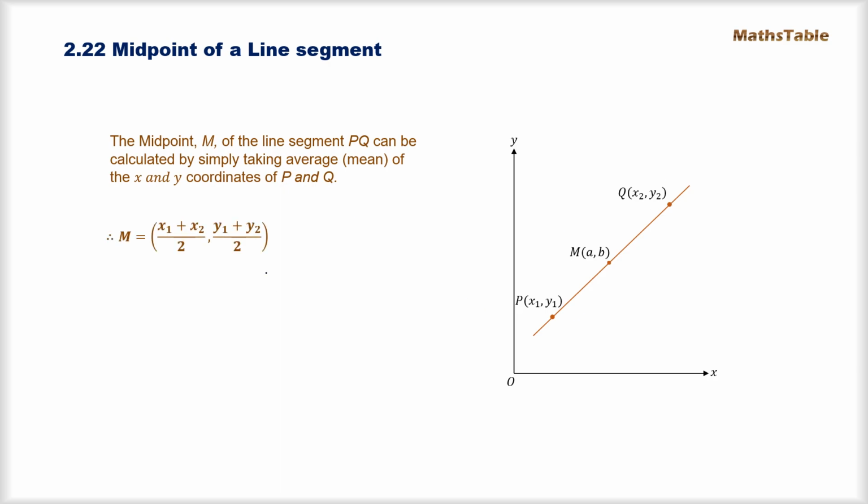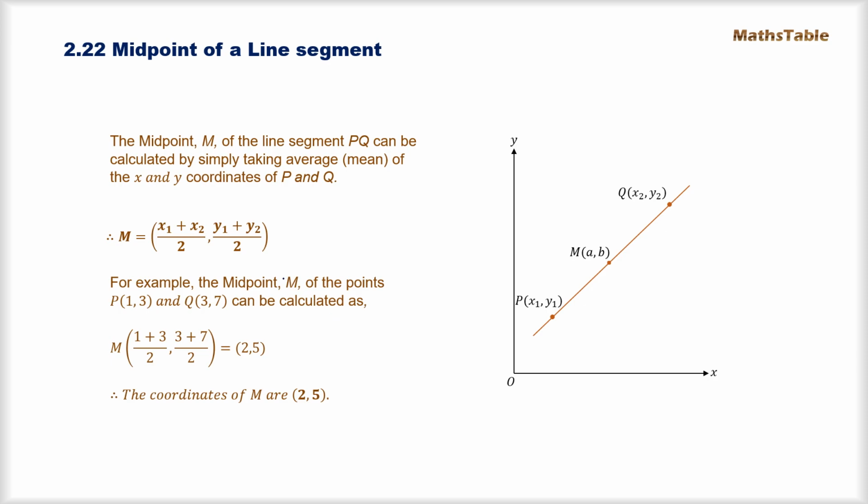So in this way, we can derive a simple formula for the midpoint between points P and Q by taking the average of their x coordinates, x1 plus x2 over 2, and their y coordinates, y1 plus y2 over 2. So this is a simple derivation of the midpoint of the 2 points. Now suppose that the original coordinates of P and Q are given to you, and these coordinates are 1, 3 and 3, 7.